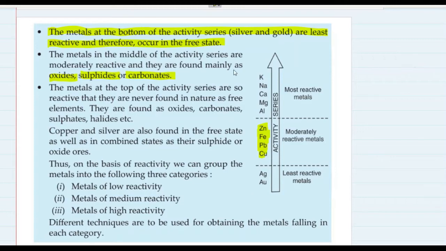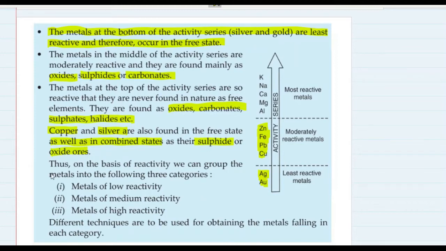They are found as oxides, carbonates, sulfates, halides, etc. Copper and silver are less reactive over here, and they are found in the free state as well as in the combined state, as their sulfide or oxide ores.